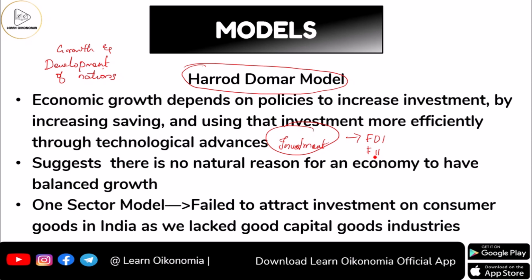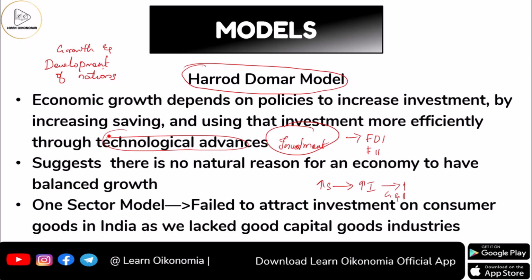Whenever there is an increase in saving, this would be channelized to increase levels of investment in the economy, and this would ultimately lead the economy to growth and development. We have to make our investment efficiently by going for some technological advances as well, and this is what is being told by the Harrod-Domar model.